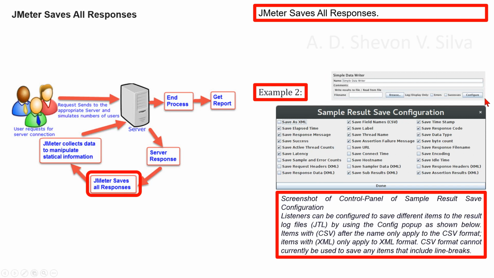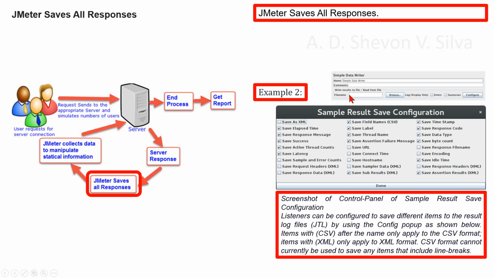Here, the file name, the name of the file containing sample results. The file name can be specified using either a relative or an absolute path name. Relative paths are resolved relative to the current working directory, which defaults to the bin directory.